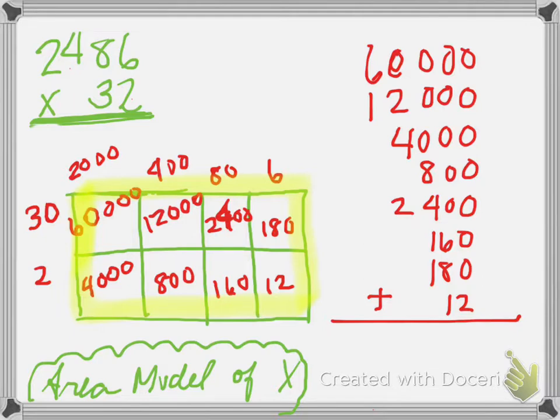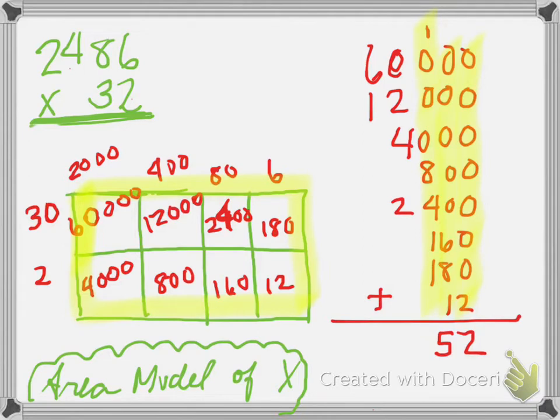So if I go column by column, my ones column adds up to 2. My tens column is going to be 6 plus 8 plus 1. That's the same as saying 6 plus 1 is 7 plus 8. That's going to give me 15. I'm going to place my 5 and carry my 1. And then I'm going to add up my hundreds column.